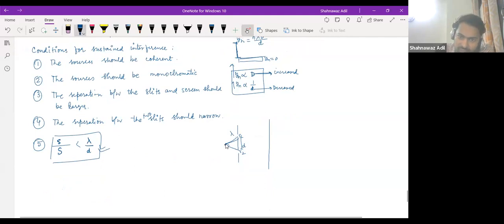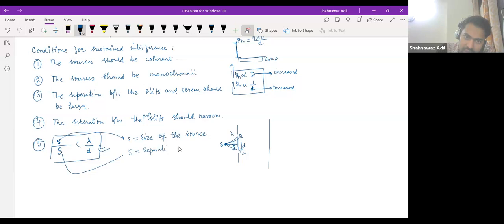So this is the small s, and this is the capital S. The small s is the size of the slits, and the capital S is the separation between the source and the slits, right?